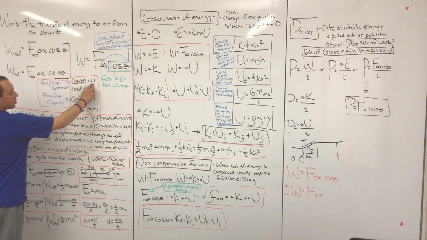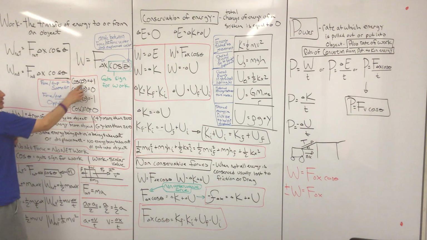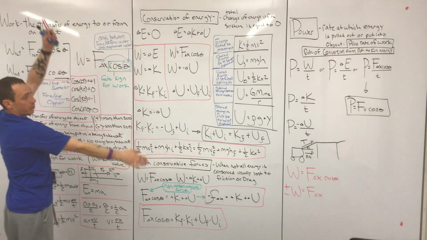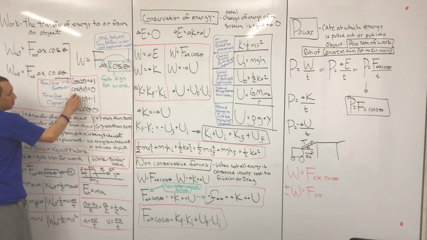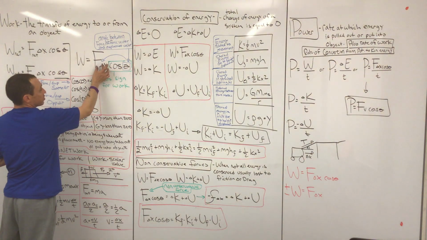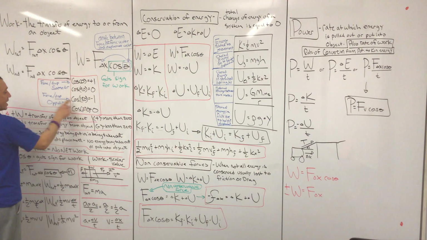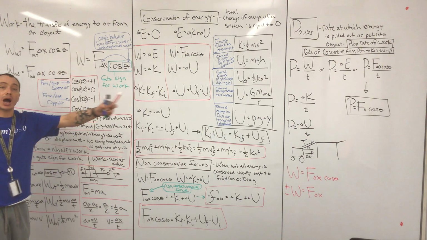So cosine theta of 0 is positive 1, or force and displacement vectors in the same direction, it's positive 1. Cosine 90, if they sit perpendicular to each other, is 0, and that means work is 0. If that's 0, 0 times this is 0. For cosine 180, force and displacement vectors are in opposite directions.